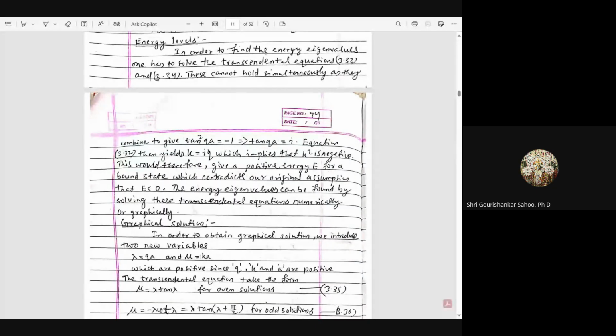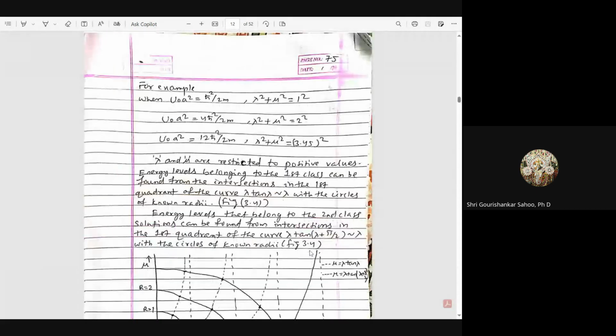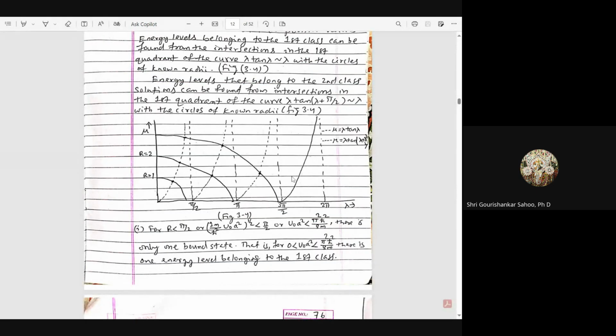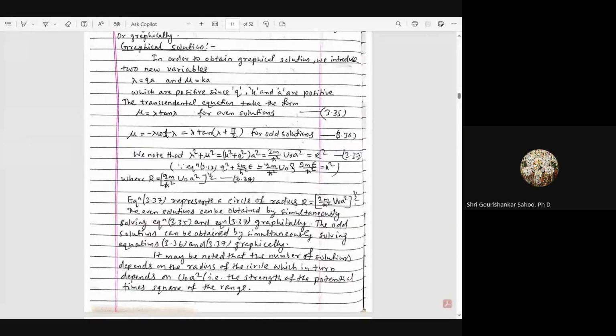The graphical solution is very straightforward. So let us have the graphical solution. This is the graph and how to get it. Lambda is equal to qa and mu is equal to ka, which are positive since q, k and a are positive.